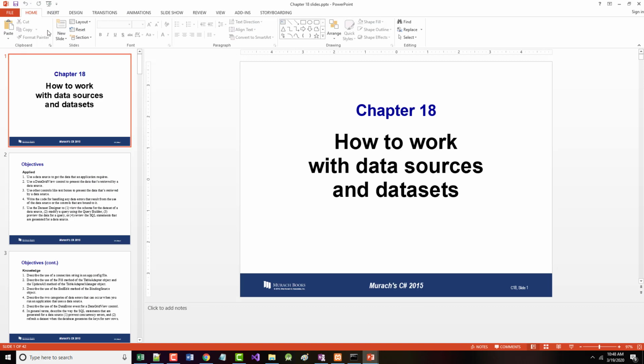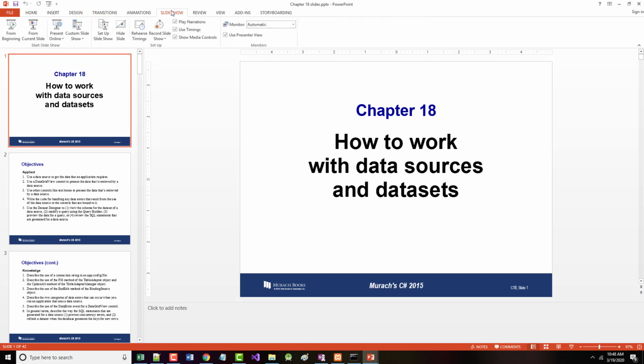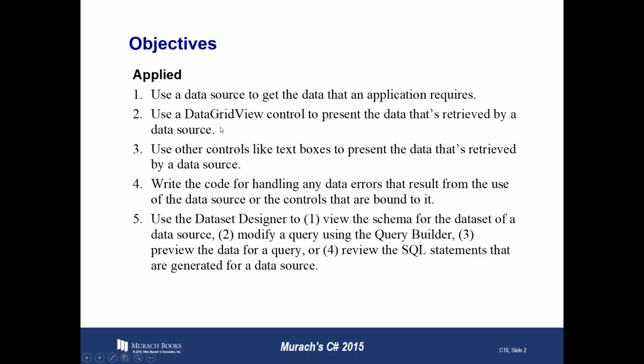Alright, so chapter 18, as you can see up on the screen right now, is how to work with data sources and data sets. Use a data source to get all data that an application requires. Use a DataGridView control to present data retrieved from a data source. Use other controls like text boxes to present the data that's retrieved by a data source.